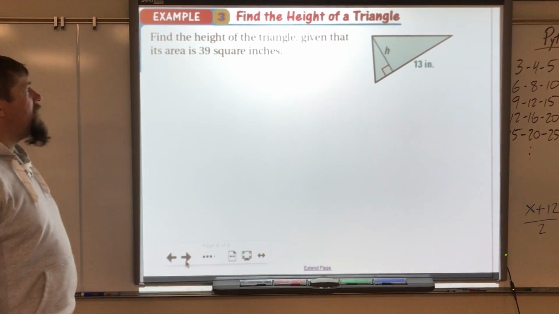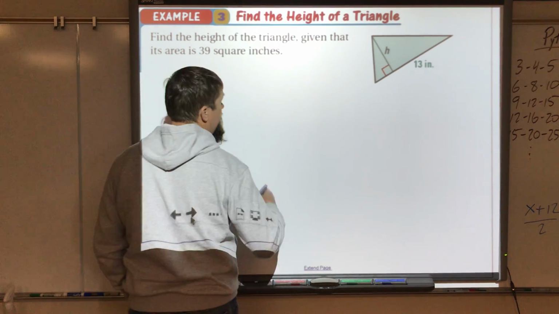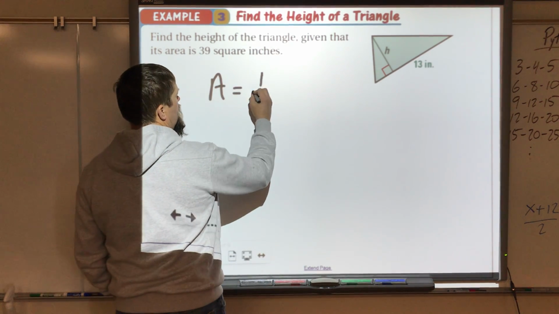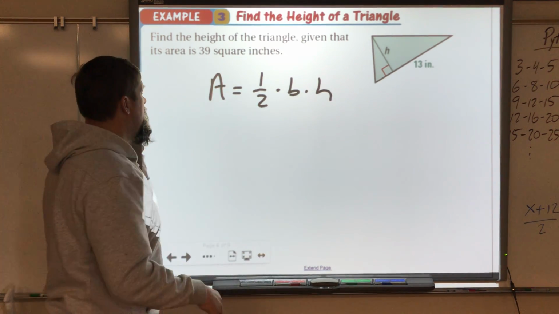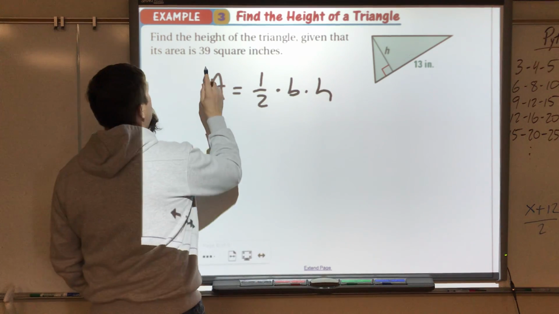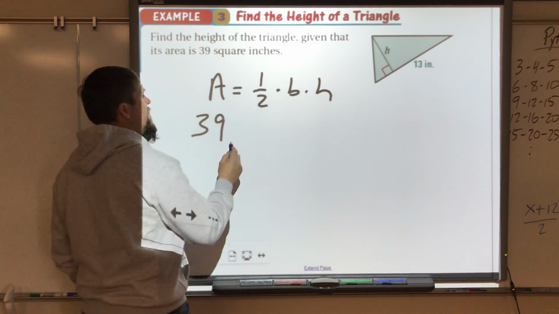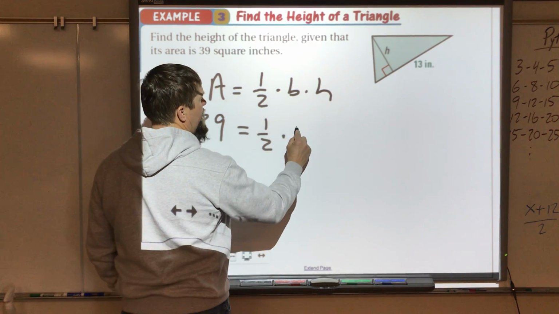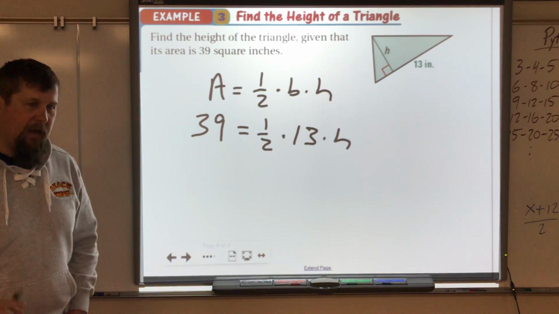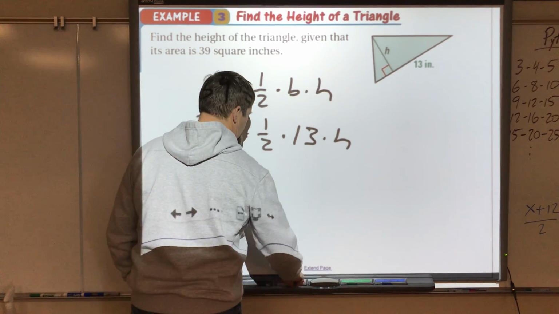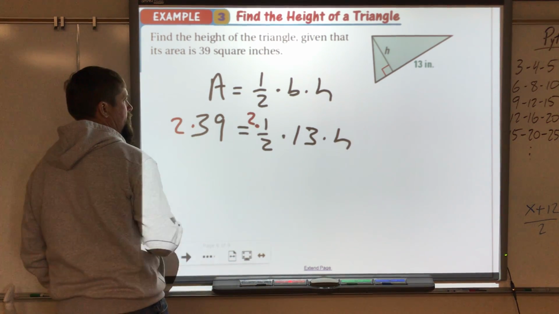Find the height of the triangle given that the area is 39. We're still going to use the same formula. The area is 1/2 the base times the height. Again, I want you to write your formula down every time. It says the area is 39, so this time we're going to put 39 here. We've got 1/2, we've got a base of 13 and a height. What I would do on this one is I would get rid of the 1/2 first by multiplying by 2.